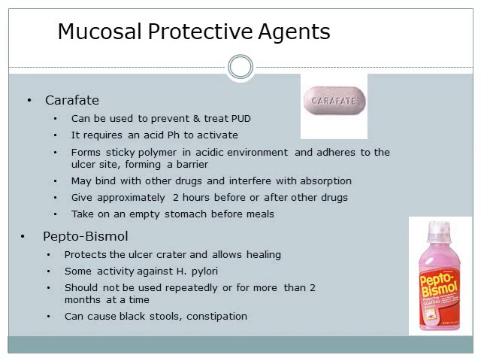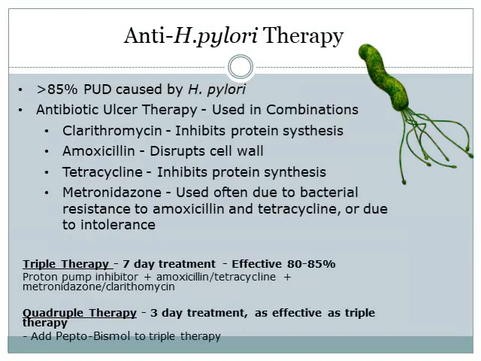The last one we'll look at is essentially your antimicrobial. Okay, so anti-H. pylori therapy. Helicobacter pylori, as mentioned in the antibiotic lesson, is a bacteria that has a flagellum. That's what the tails are on the other side. So it has the ability to swim around the stomach, which makes it notoriously difficult to kill.